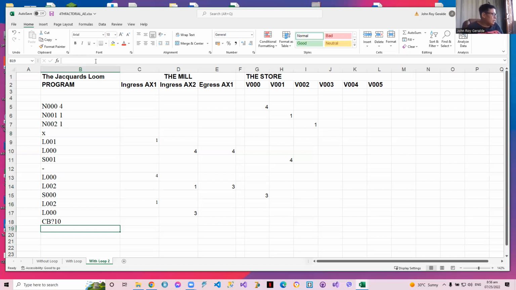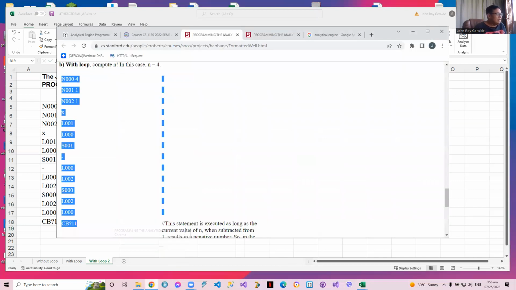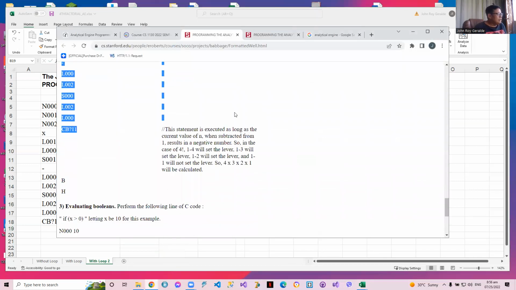Form 1. My problem here is the run-up lever is 4 minus 1. Okay? 4 minus 1 is 0. The run-up lever is 0. Okay?